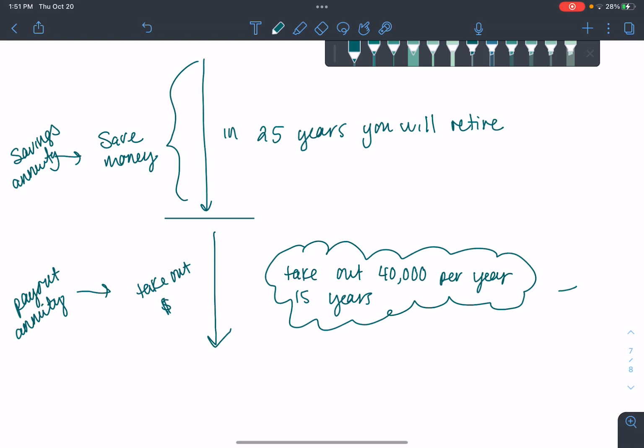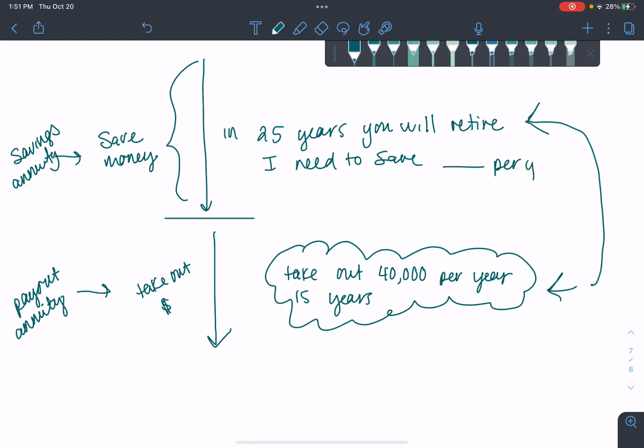And then once you figure that out, if I'm going to retire in 25 years, I need to save X amount per year for 25 years. So one more time, you start off by saying, I need money. For the next 15 years, I want to take out this much.